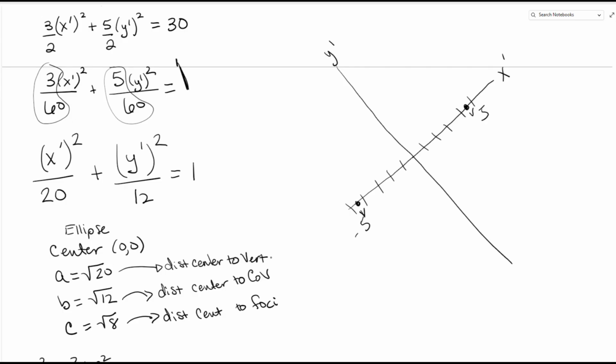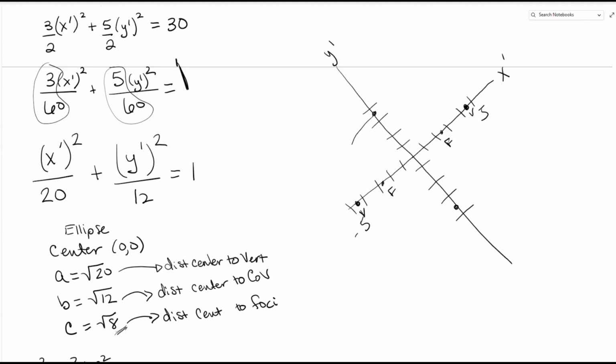So square root of 12 is about, what's more than 3, less than 4, right? So 1, 2, 3, 4, 1, 2, 3, 4. So somewhere in here is where we have the B value. And then our foci, root 8 is more than 2, less than 3. In there.